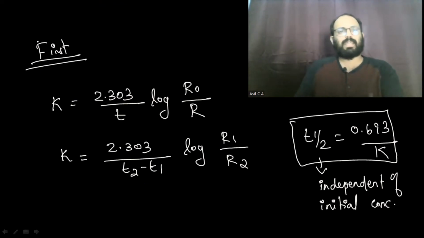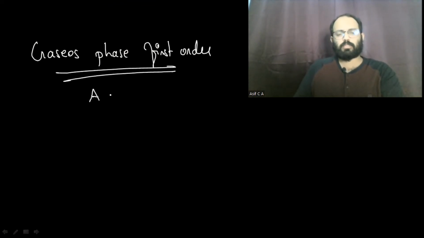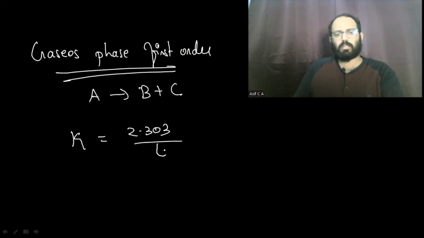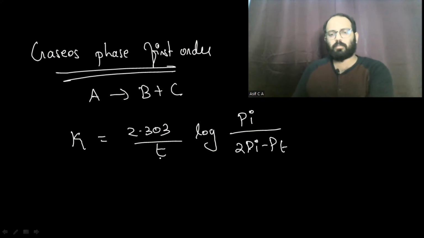If it is a gaseous phase first order reaction, we can find the rate constant as 2.303 by t log Pi by 2Pi minus Pt. Pi is initial pressure, Pt is final pressure, t is time taken.